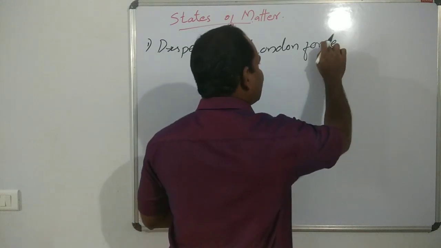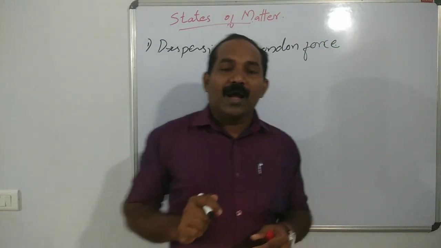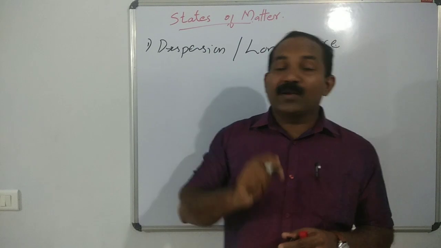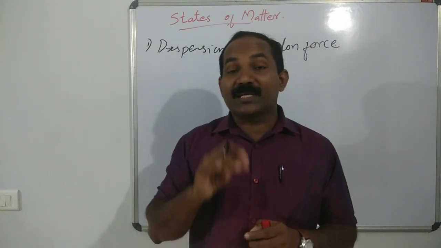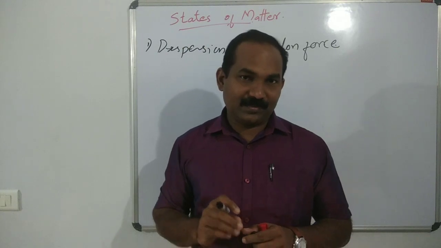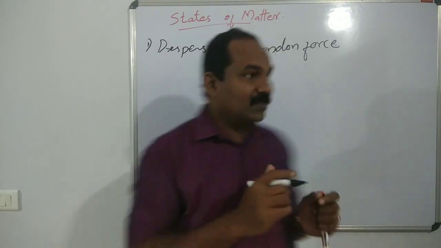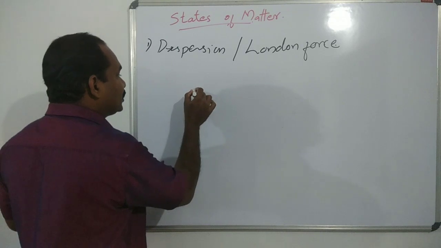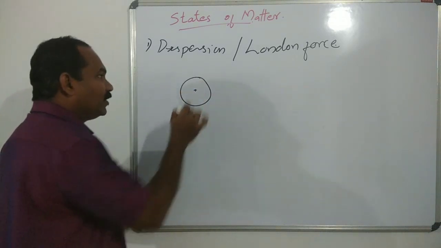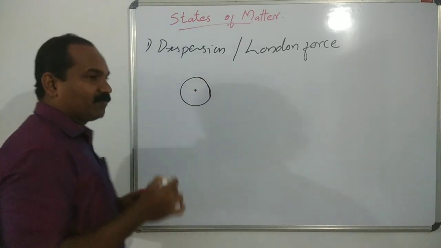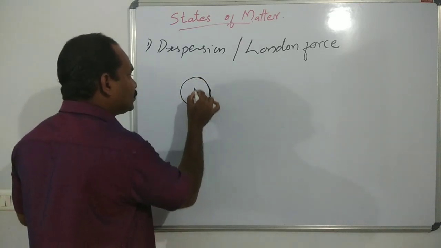As we know, in atoms and non-polar molecules, the electron cloud is symmetrically arranged. Isn't it? In an atom, the positive center and the electron cloud are uniformly arranged in a spherical field. So the center is positive.